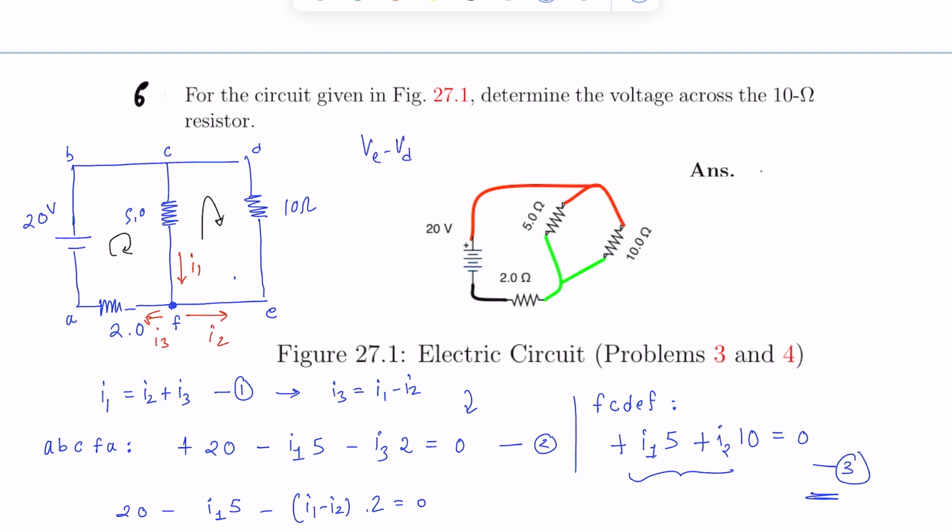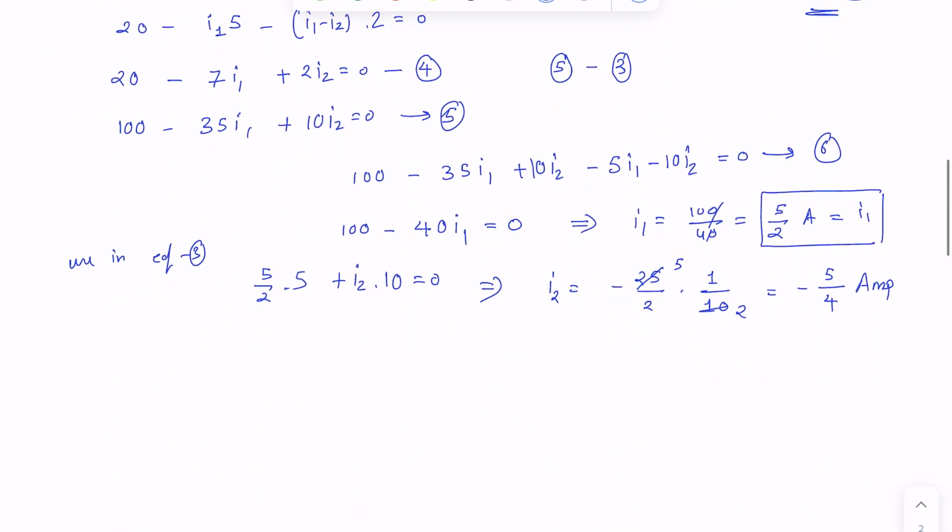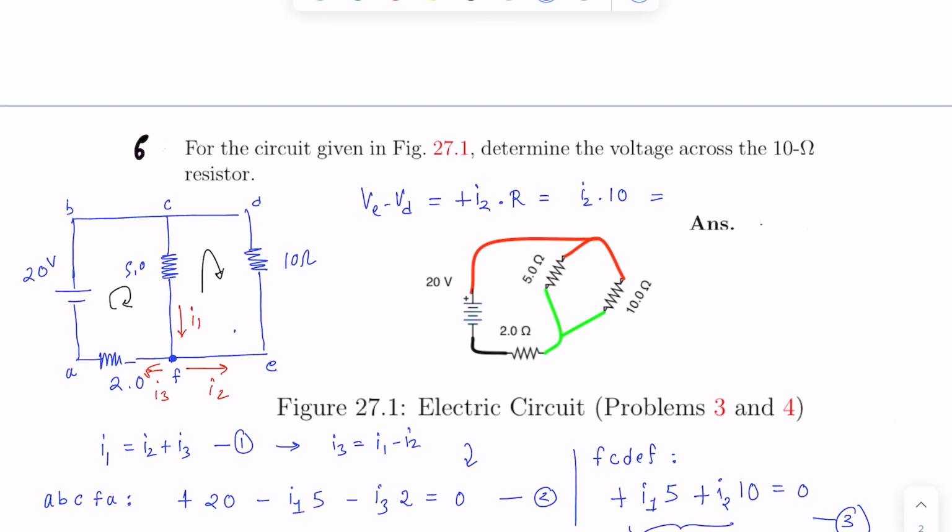because here the sense of direction that we took originally was like this, right? And then VE minus VD, and the direction of the current is opposite, so that means it's going to be plus I2 times R, that is just I2 times 10 ohms. Using I2 equals minus 5 by 4, I write this as VE minus VD equals minus 5 over 4 times 10, and that means we get minus 25 over 2.